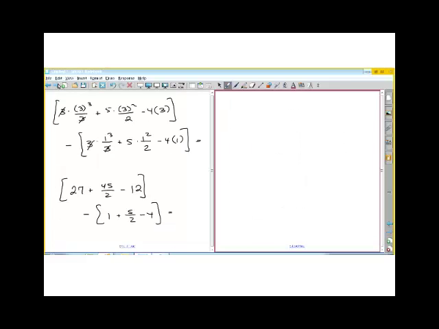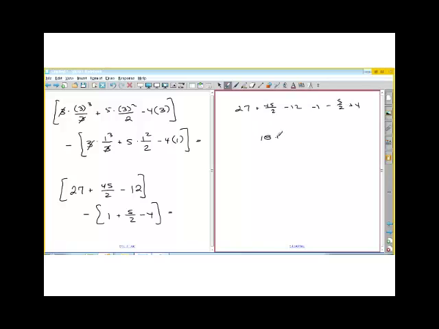So what's the best way of doing it? There's a couple of ways you could do it. You could distribute this to each term and then have all 6 terms. So you'd have 27 plus 45 over 2 minus 12 minus 1 minus 5 halves plus 4. Then you could combine the terms that are integers. 27 minus 12 is 15, minus 1 is 14, plus 4 is 18.